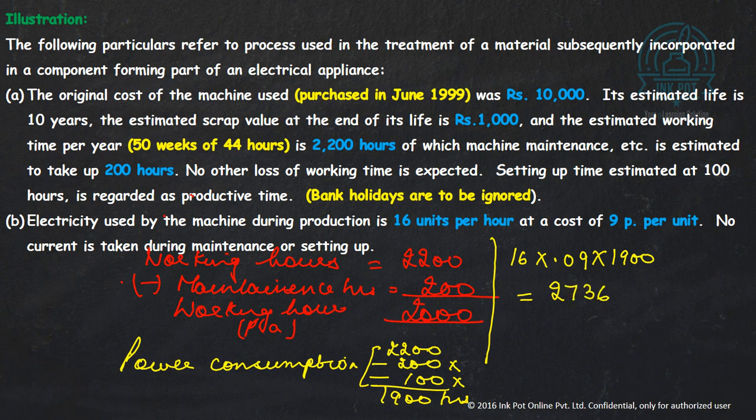The total cost of power is 2736. And as the setting up time is productive, we will divide it by 2000. 2736 divided by 2000 will give you 1.368. Is it okay? Now let's move to the next.